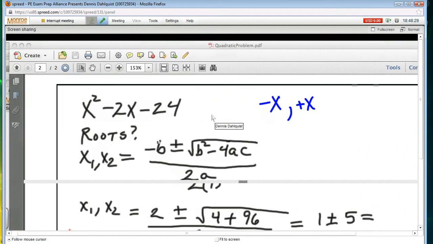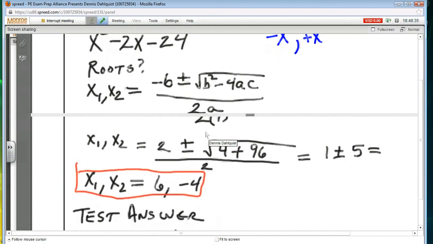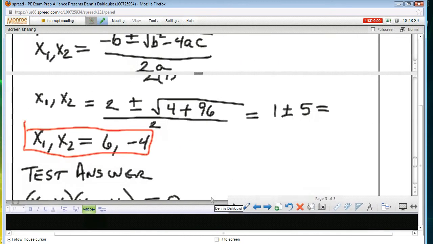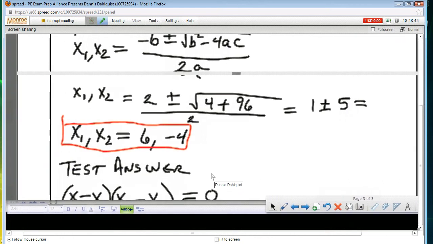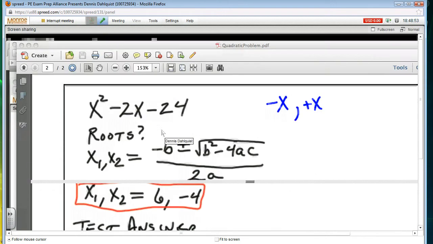The reason for that is the only way we can get a -24 here is by having a positive and negative value. If we have two negative values, we'll get a positive result. Witnessing here, we have a -6 and a +4, so we'd end up with a minus value here.